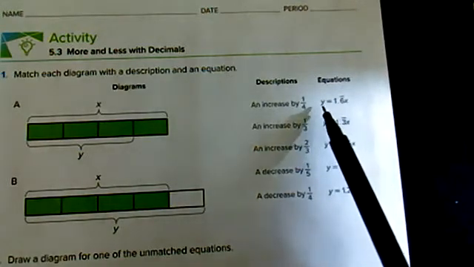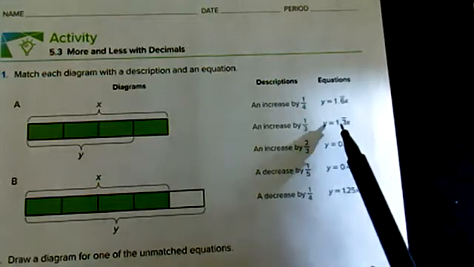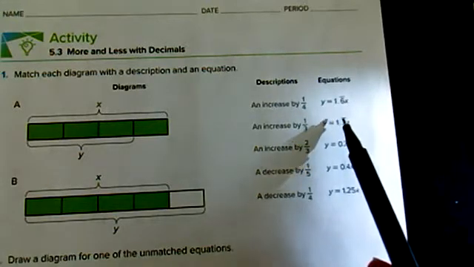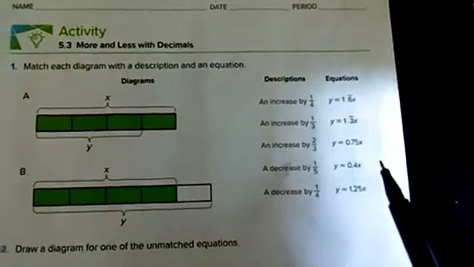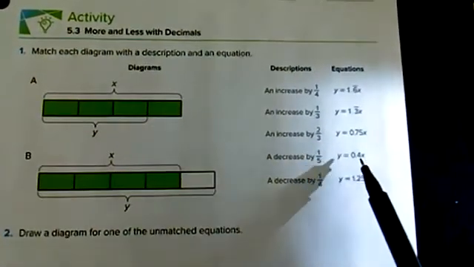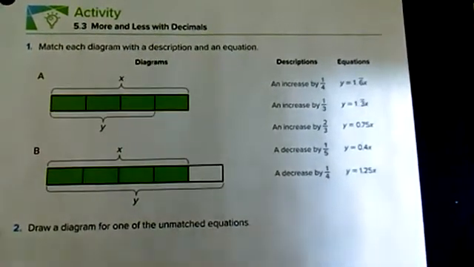We have our equations: y equals 1.6 repeating x, y equals 1.3 repeating x, y equals 0.75x, y equals 0.4x, y equals 1.25x. So we've got to figure out diagram A. Which one would that match with?